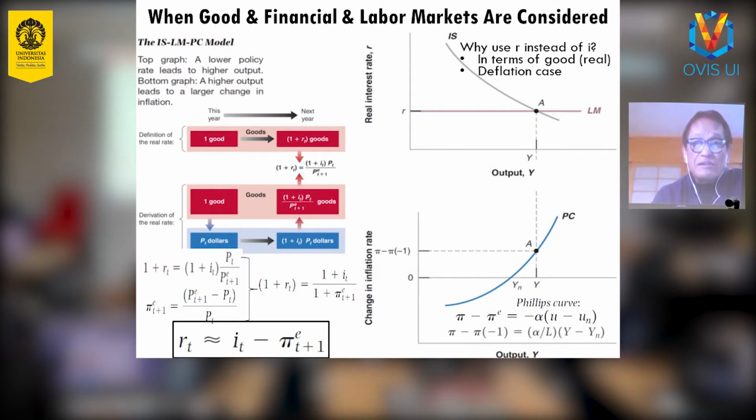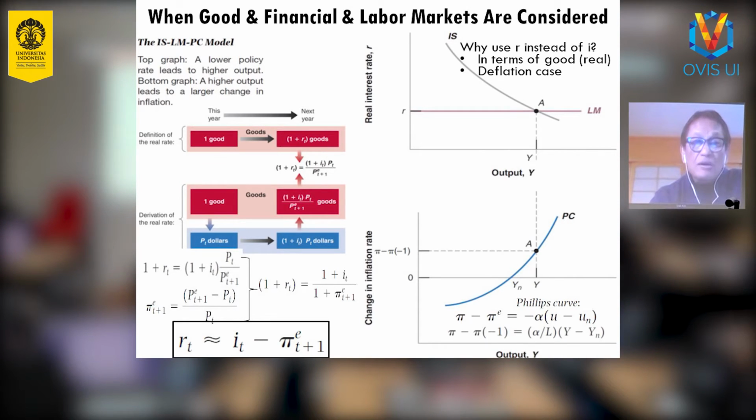Is the AS curve, the positive slope AS curve, wrong? No, it's correct. Everything is correct. But again, if you want to inject the element of reality, people do not talk about price. Instead, people talk about inflation. So the question is, what is then the relation between inflation and output?